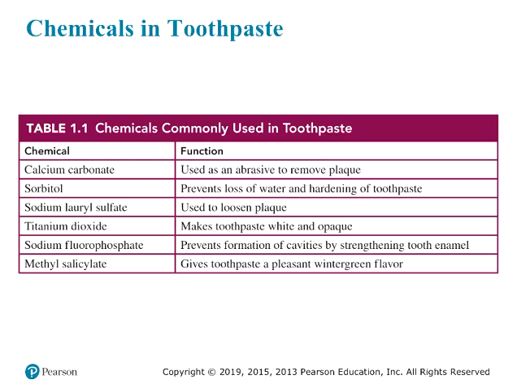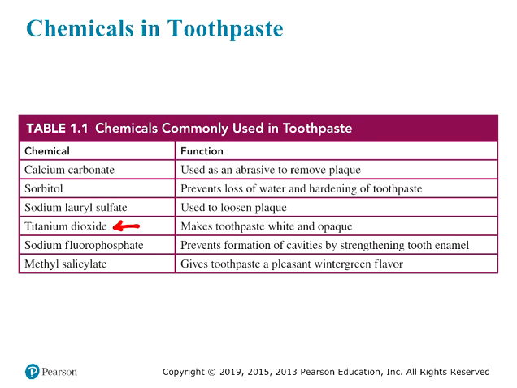Sodium lauryl sulfate is used to loosen plaque. Titanium dioxide is what makes toothpaste white and opaque. This is also found in certain types of sunscreens, but more recently, a lot of companies are trying to find alternatives to titanium dioxide because it can harm aquatic life.